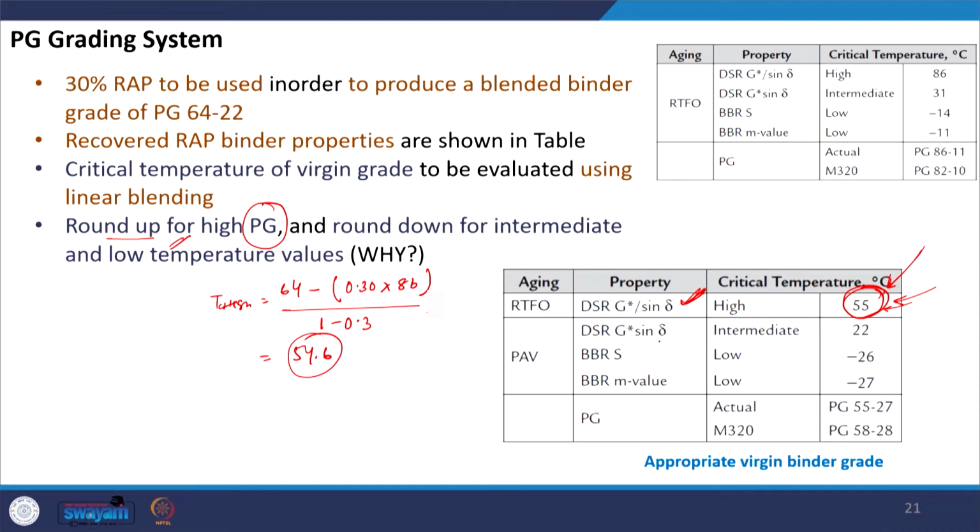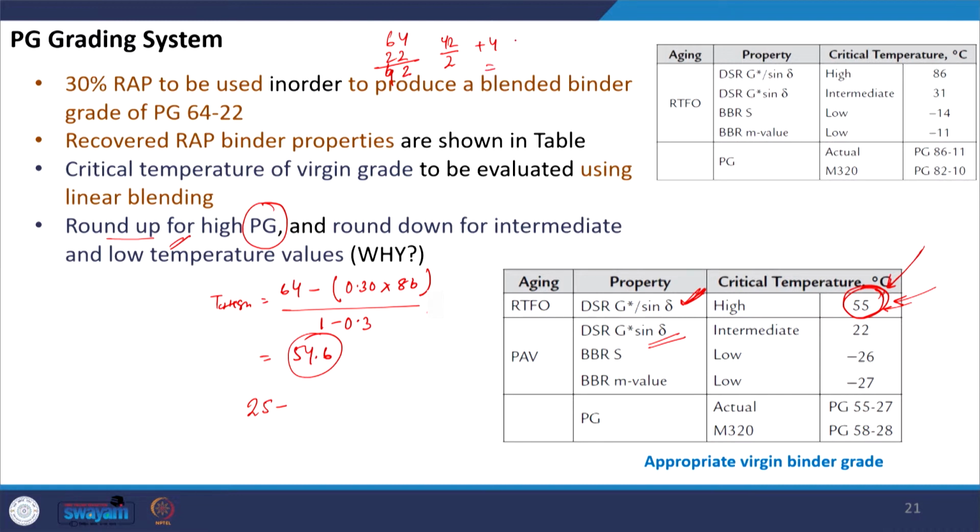Similarly, you can calculate for G star dot sin delta using the same formula. I am just showing you the example for intermediate, which is 25. Why is it 25? Because it is 64 minus 22, which is 42. So 42 divided by 2 plus 4.